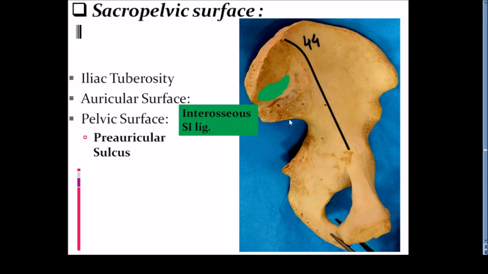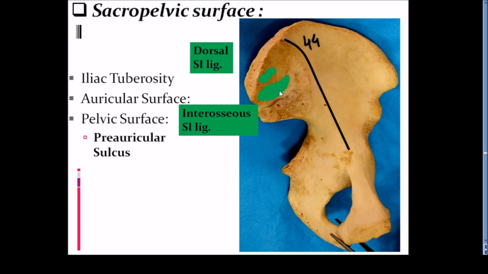Now the attachments on this sacropelvic surface. It gives attachment to the interosseous sacroiliac ligament, which attaches on the iliac tuberosity.